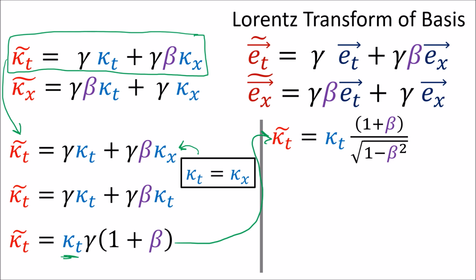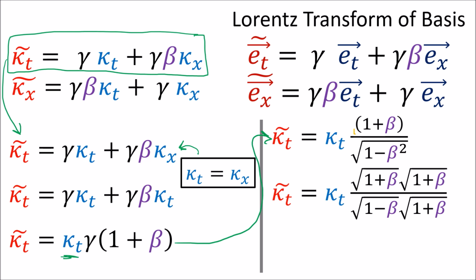The 1 plus beta on top can be rewritten as the square root of 1 plus beta times the square root of 1 plus beta. And since the bottom involves a difference of squares, we can rewrite it as the square root of 1 minus beta times the square root of 1 plus beta. We can then cancel the square root of 1 plus beta from the top and bottom.